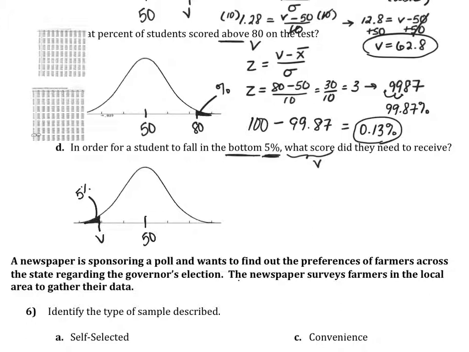And so the first thing you have to do, because it's just a bottom number, it's a less than problem, you do not have to subtract from 100. So you need to take your 5% and change it to a decimal. If your decimal point is located right here, we move it 2 to the left and we have 0.05. We need to find that on the Z table, and it's going to be on the inside because it's a percent written as a decimal.